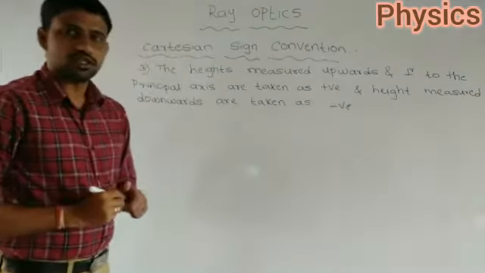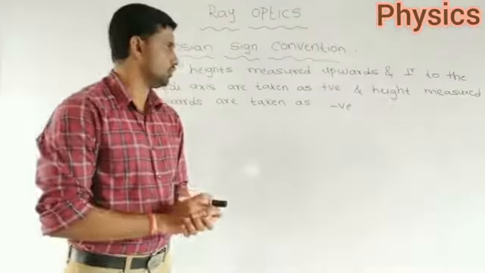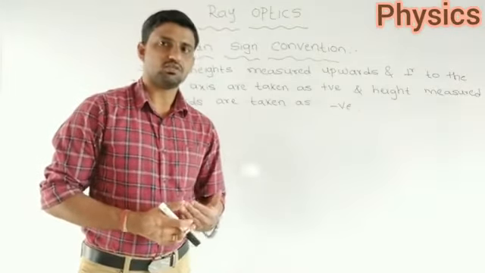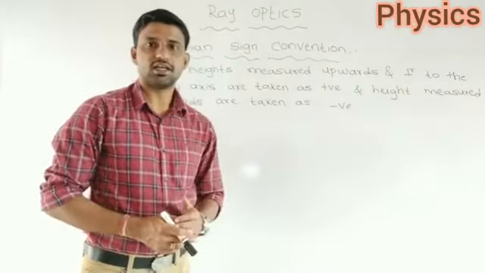So this is the third and last sign convention rule. All the heights measured above the principal axis are taken as positive, and downwards are taken as negative.